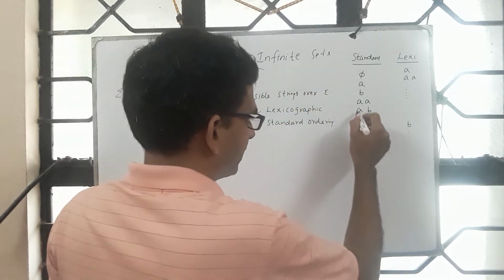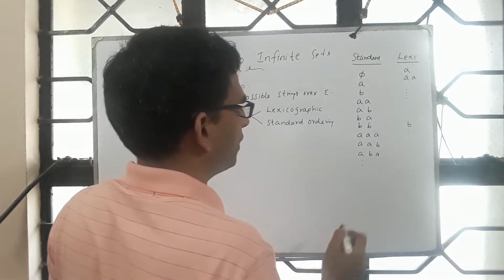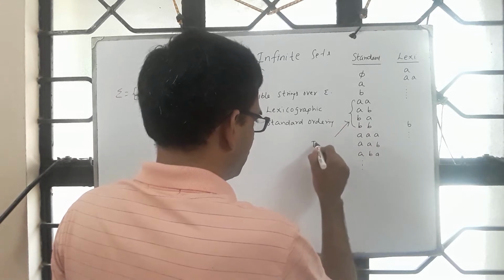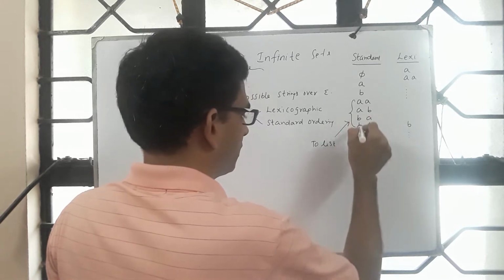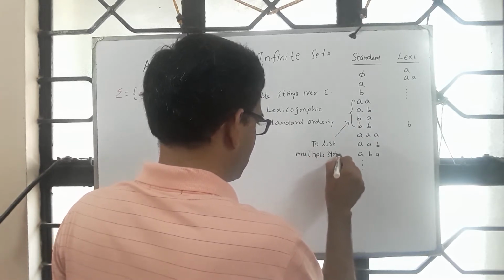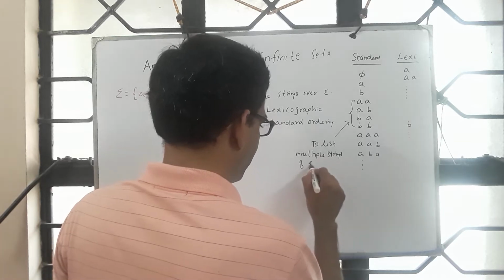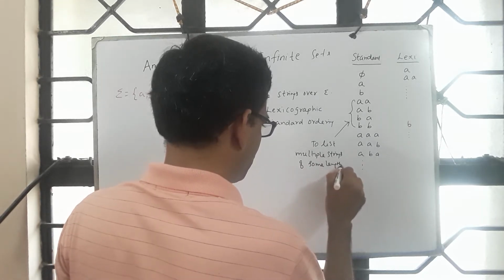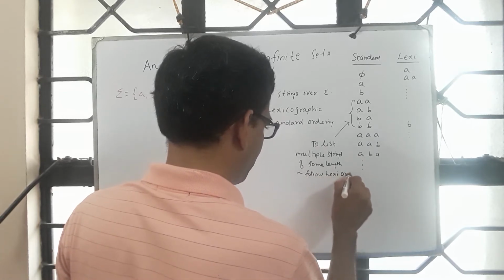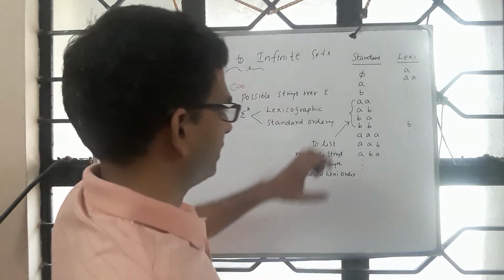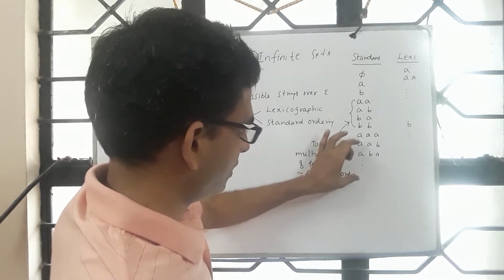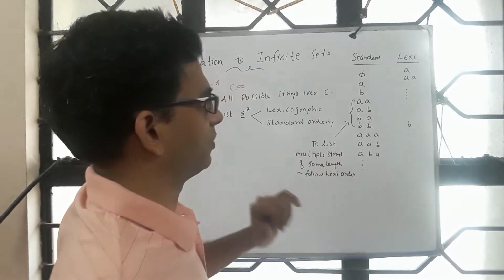When you have multiple strings of some length, say 2, 3, and so on, then follow lexicographic ordering among them. Then you start listing strings of length 3. Within this you follow lexicographic ordering and so on.